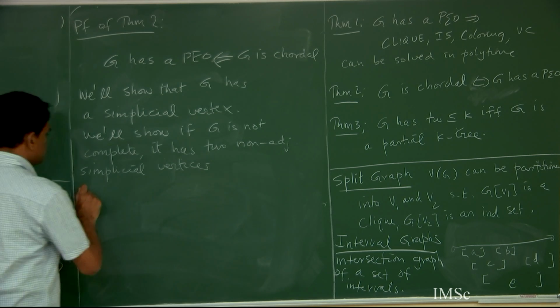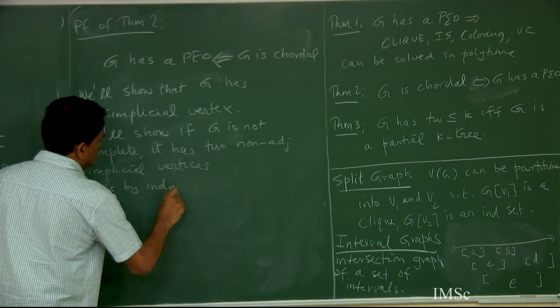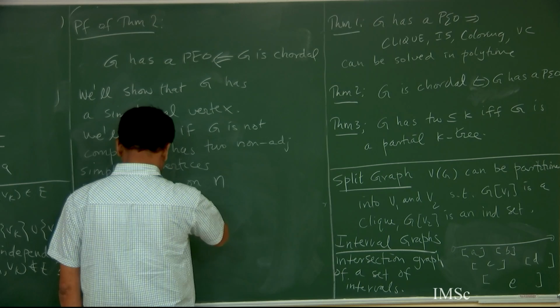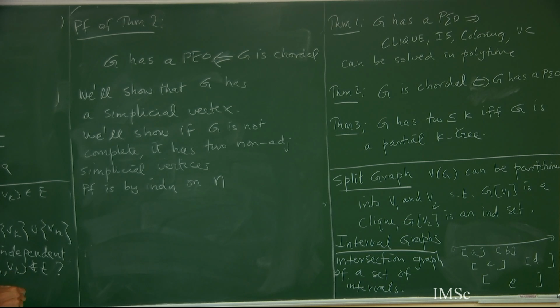So the proof is by induction on the number of vertices. Base case n is 1 or 2, easy.